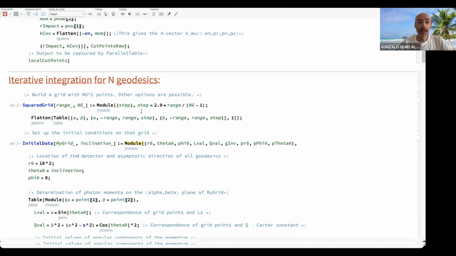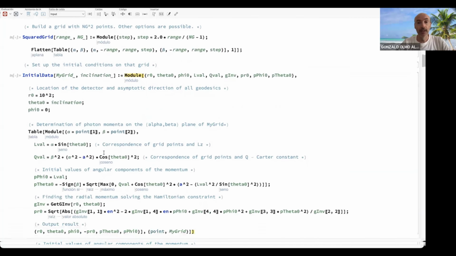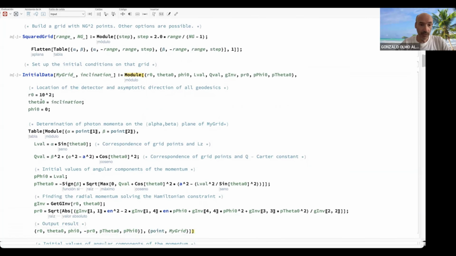Now, once we have defined the grid, we need initial conditions for each point on that grid. So I define this new module to compute the initial conditions for each grid point. Again, as before, I define the distance to the detector as 100 units.